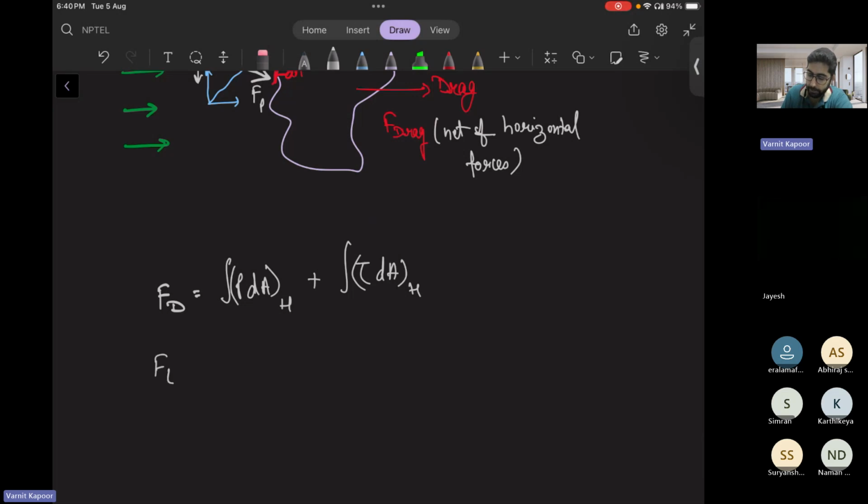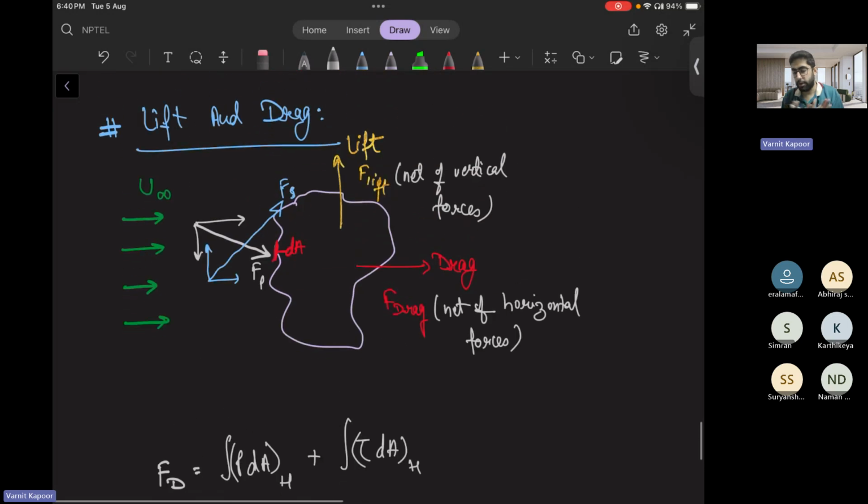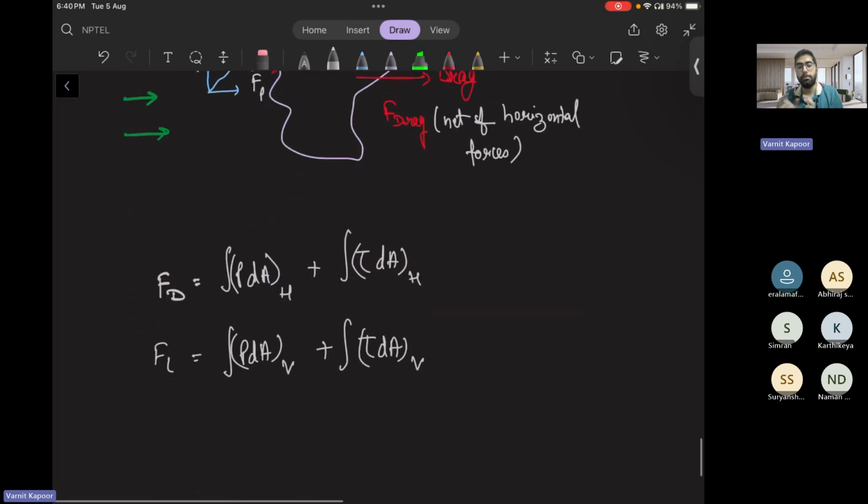Lift force is because of the pressure force and the shear stress force in the vertical direction. So that is the main crux of lift and drag happening over a body.